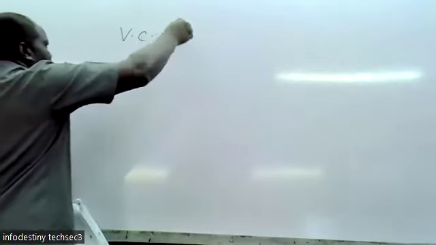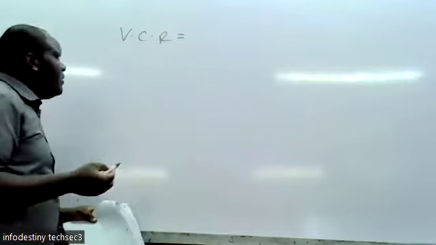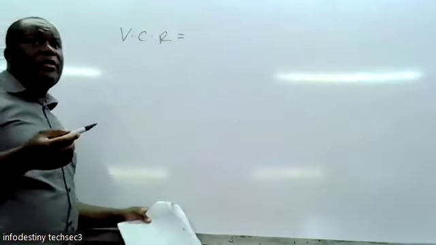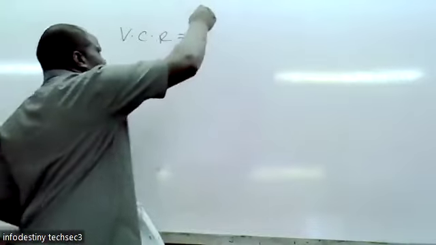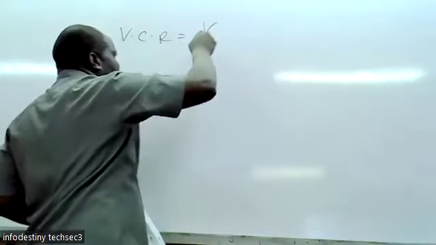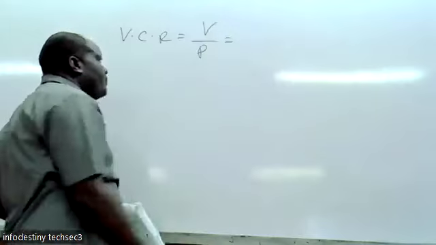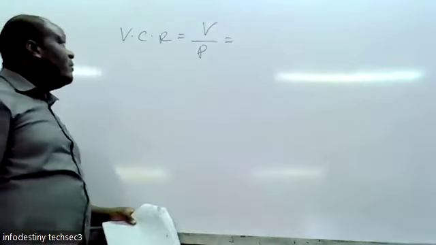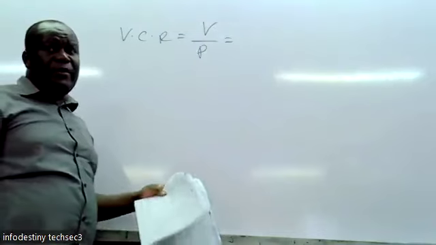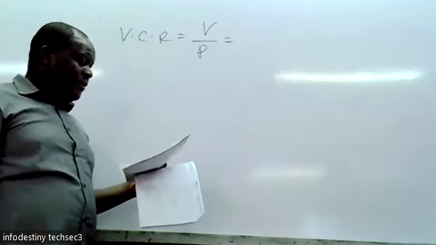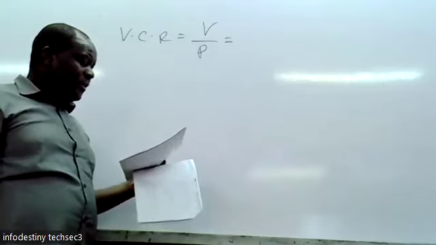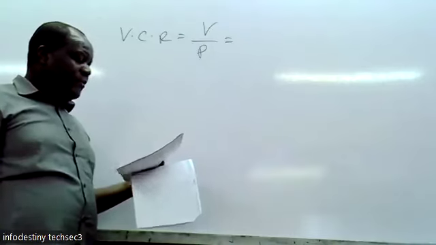So we need to get the variable cost ratio. The variable cost ratio should be V divided by P. So V, are you able to see in note number 6? Variable cost values.